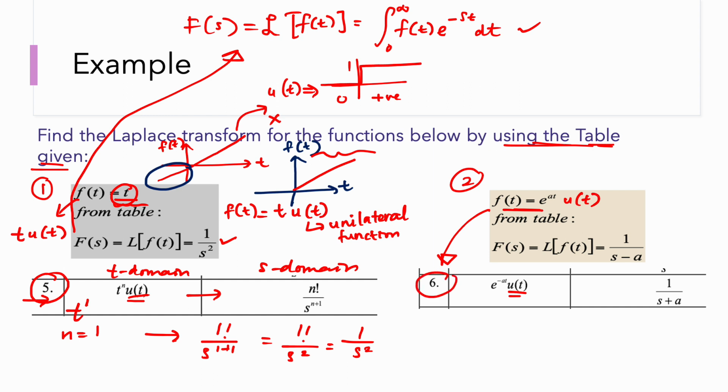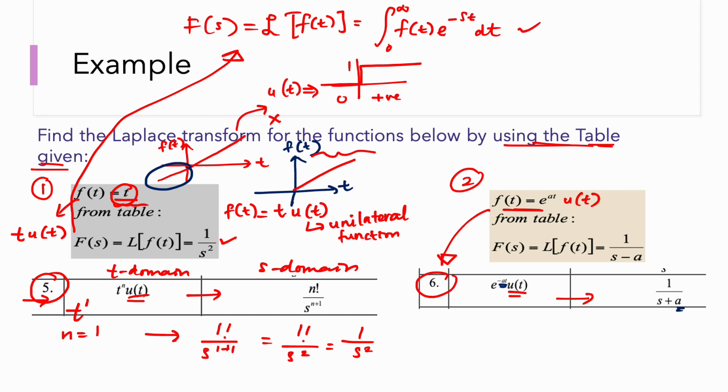Based on the table provided, column number 6 is much more similar to the equation given to us. So if we want to convert into the S domain, we need to identify the value of this a here.